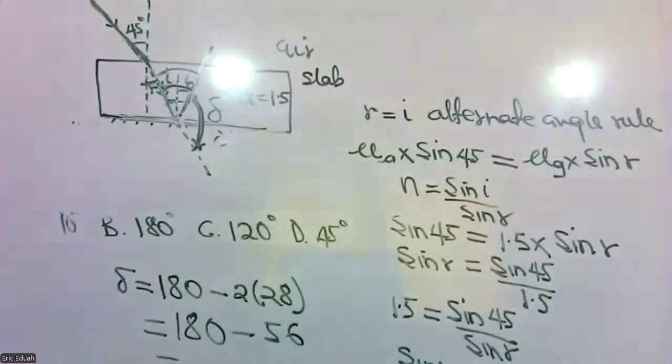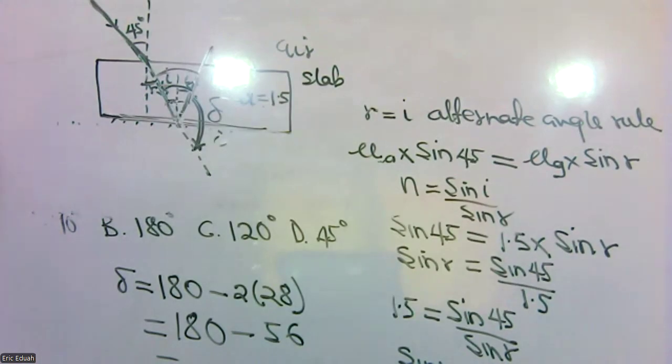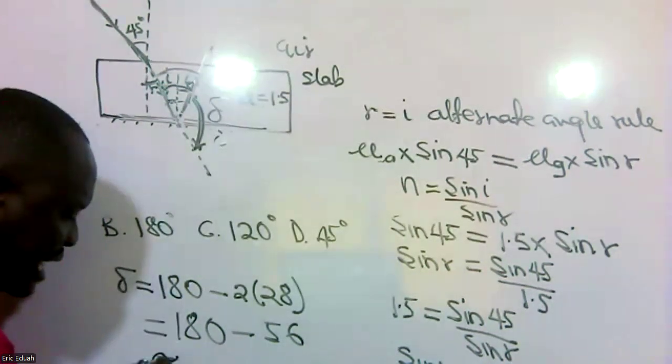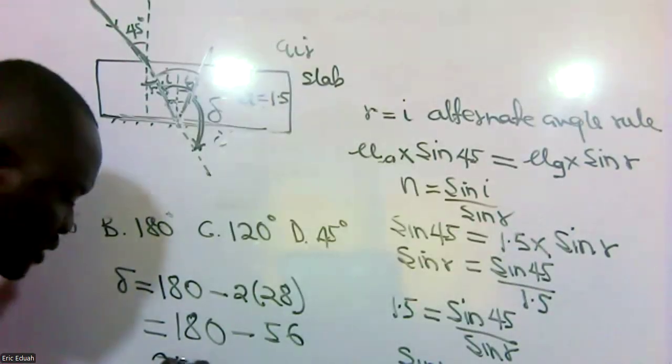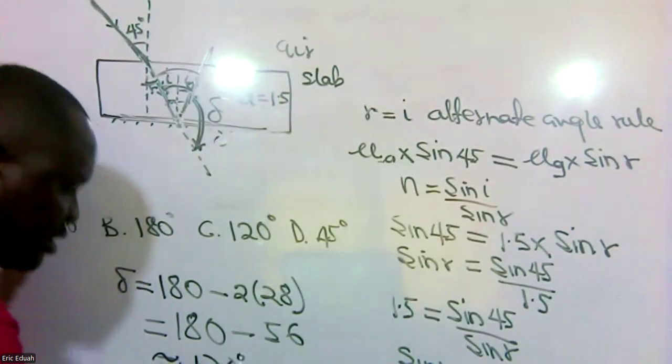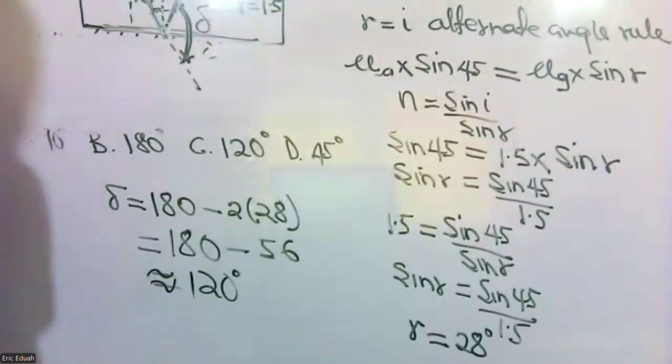When you subtract 56 from 180, what's the answer? 124. So to the nearest angle, that will be 120 degrees.